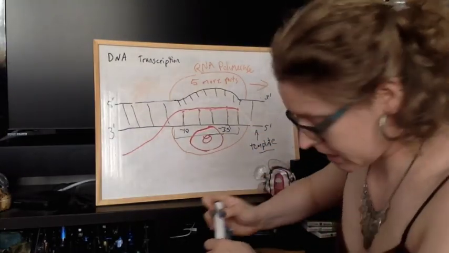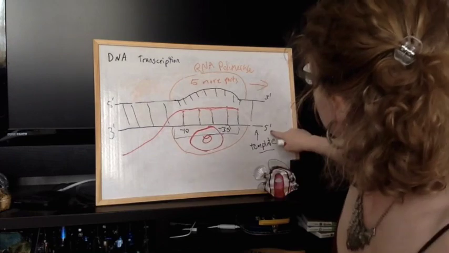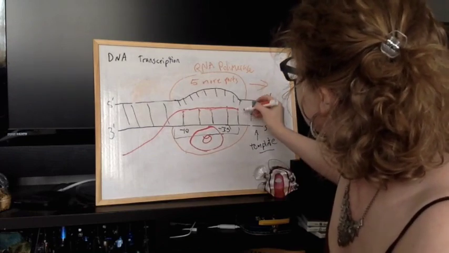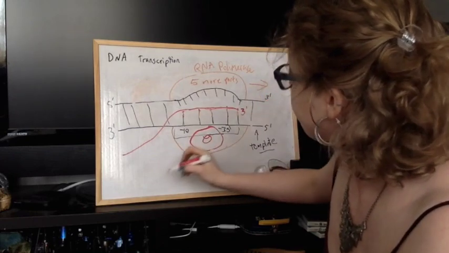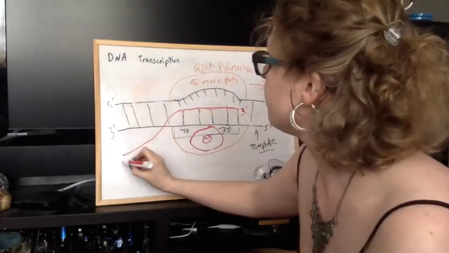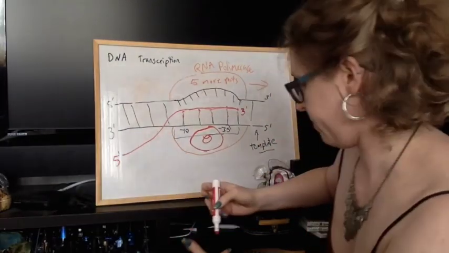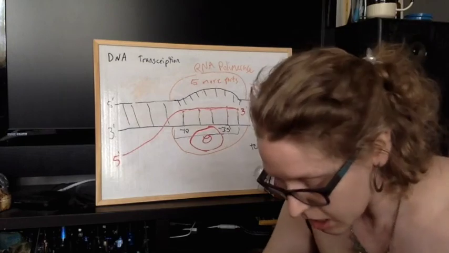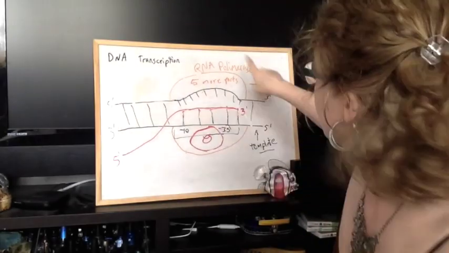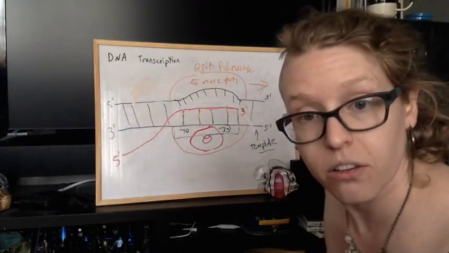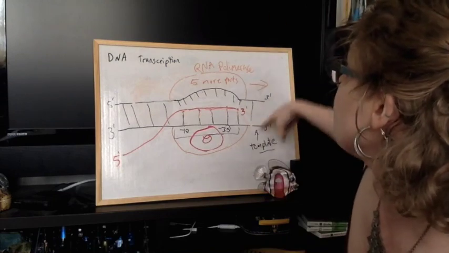And that means that this is 5 prime, this is 3 prime. This is 3 prime, this is 5 prime. And as we all know, the nucleotides, even RNA nucleotides, get added to the 3 prime end.